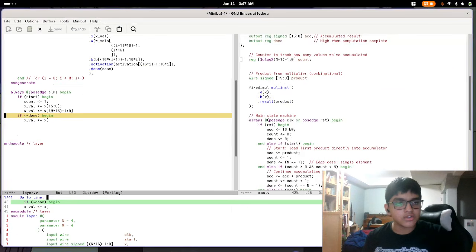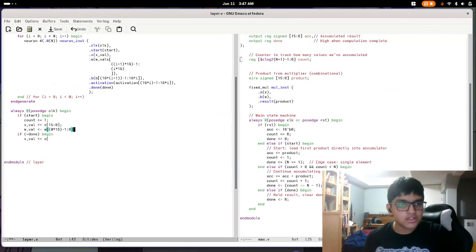And then we can do an else if. Oh, forgot the semicolon. Done is equal to n is equal to 1.